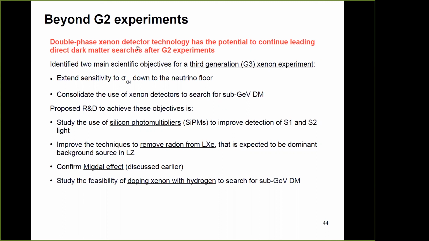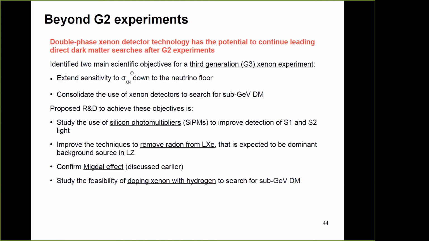We are confident that this technology, the dual phase xenon detector technology, has the potential to continue providing leading results in this field after G2, after LG. And because of that, there is R&D proposed in order to try to achieve these two objectives.